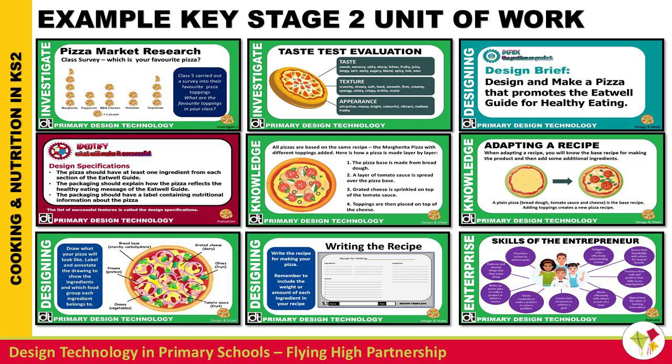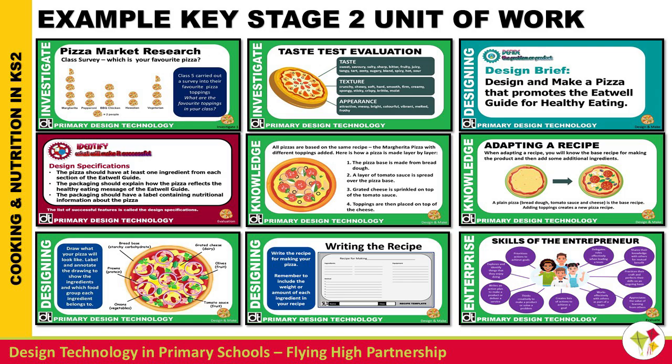As part of a focused task, they all make a simple margherita pizza. This provides opportunities to practice key cooking skills and ensures that the children understand the recipes and processes for making a pizza. The design brief and specifications ensure that they apply their knowledge and understanding of the Eat Well Guide on healthy eating and the different food groups. Having already followed a recipe to make a pizza, they then adapt this recipe to fulfill the design brief and specifications.